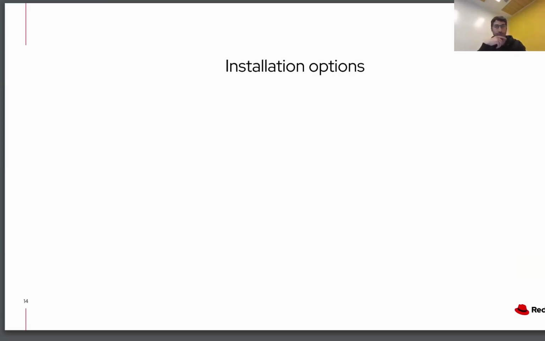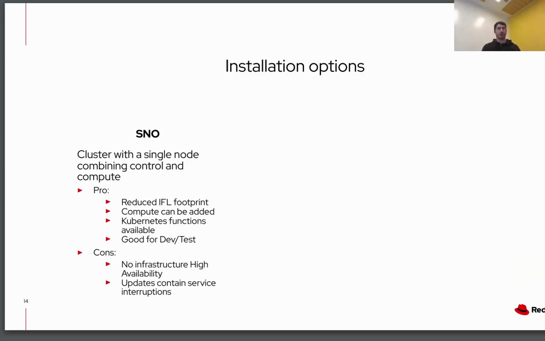There are a few installation options available for OpenShift on Z. You have the single node installation option, which basically means you get one single node and you just install OpenShift on it. Now, obviously, that means that you do not have any high availability or those kinds of things.